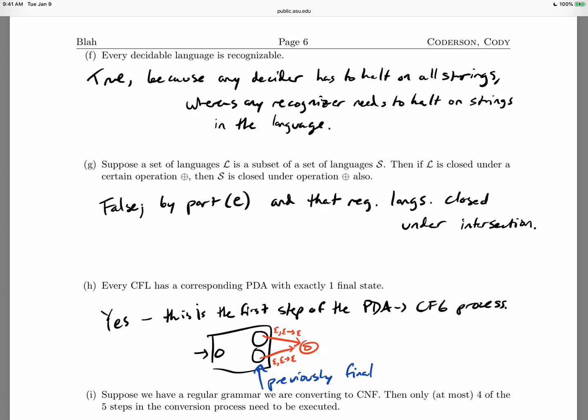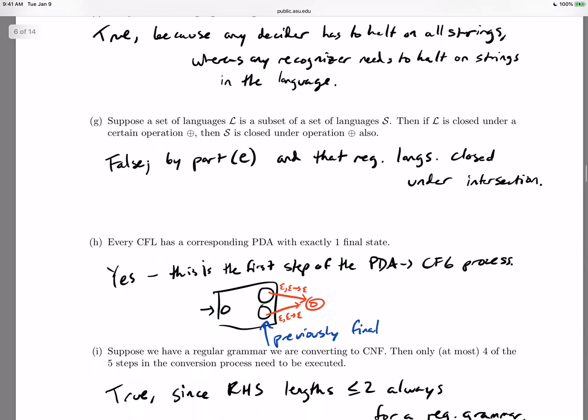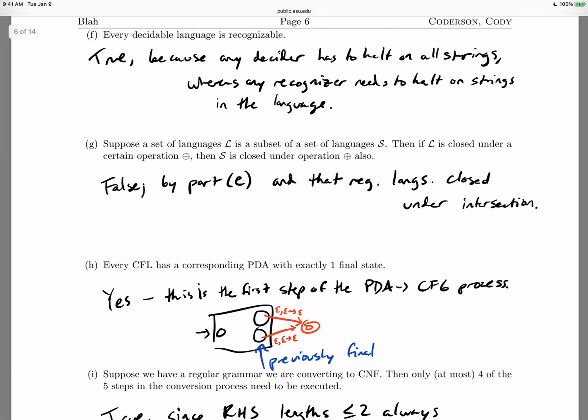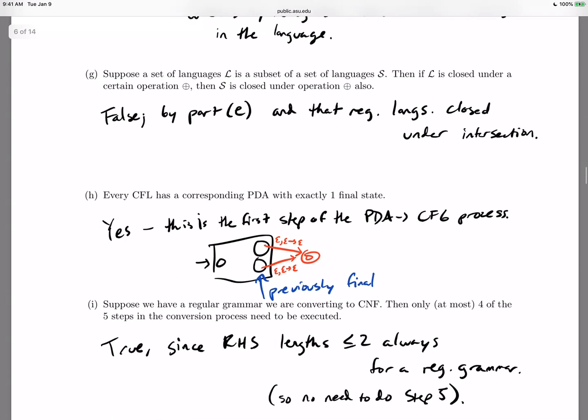You could have cited the definition, which I do here, where a decider has to halt on all strings, whereas a recognizer has to halt on the strings in the language. Halting on all strings is a harder thing to do than just on some of the strings. So every decidable language is recognizable for that reason.